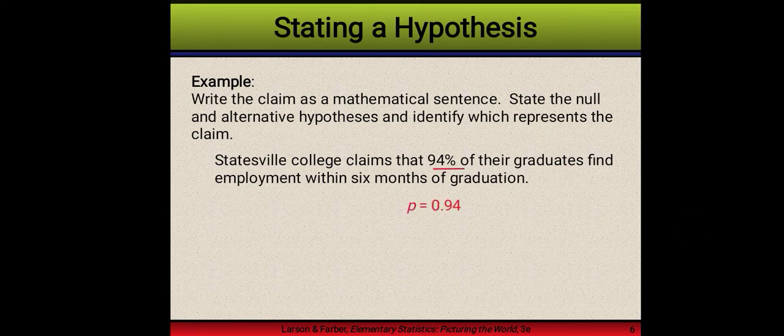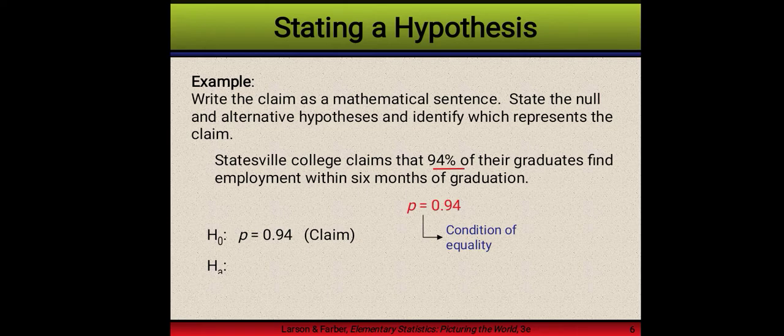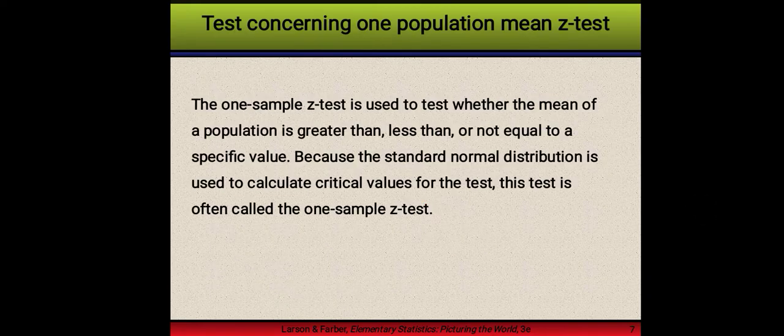We have here 94% as the condition of equality. 94% in its decimal form, we have 0.94 as the claim in the null hypothesis, and in the alternative hypothesis, we also have 0.94, the proportion is not equal to 0.94, the complement of the null hypothesis.